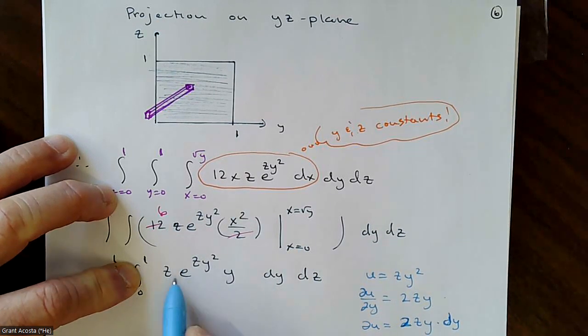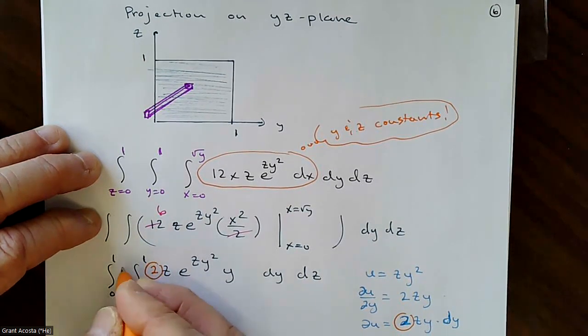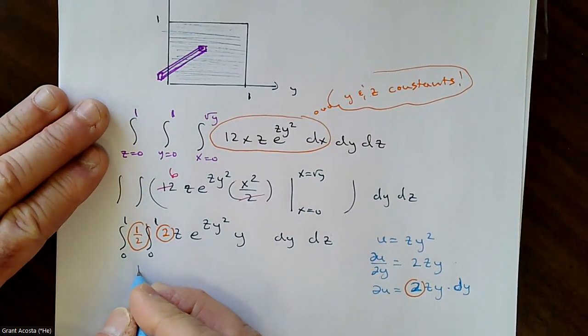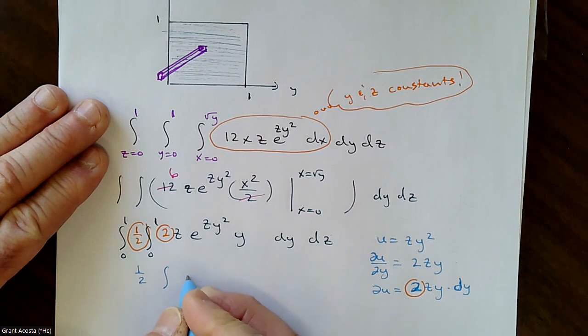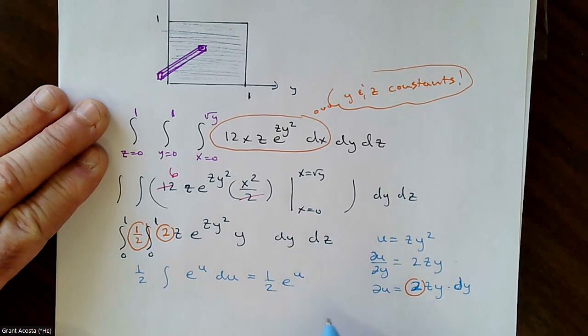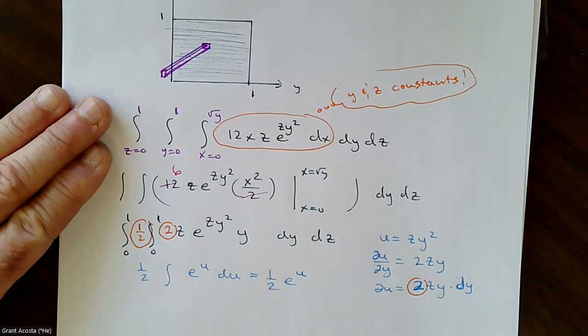I already have a z and a y. What I'm missing is that 2. So I'm going to wish for a 2, compensate outside with a 1/2. Essentially, this is just going to turn into 1/2 the integral of e to the u du, which is e to the u, or in this case, e to the zy squared.